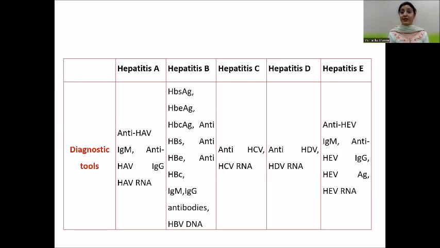So this is the difference on the basis of incubation period for different viral infections. Next difference is on the basis of diagnostic tool कि हम इनको diagnose कैसे करते हैं.